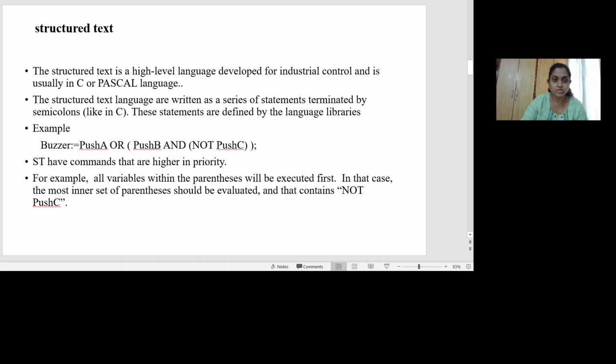All those functions which are available in C are also used in structured text. So the programming looks very organized, and it is also good at computing large mathematical calculations. And the second advantage is that it has some instructions which are not available in other languages.